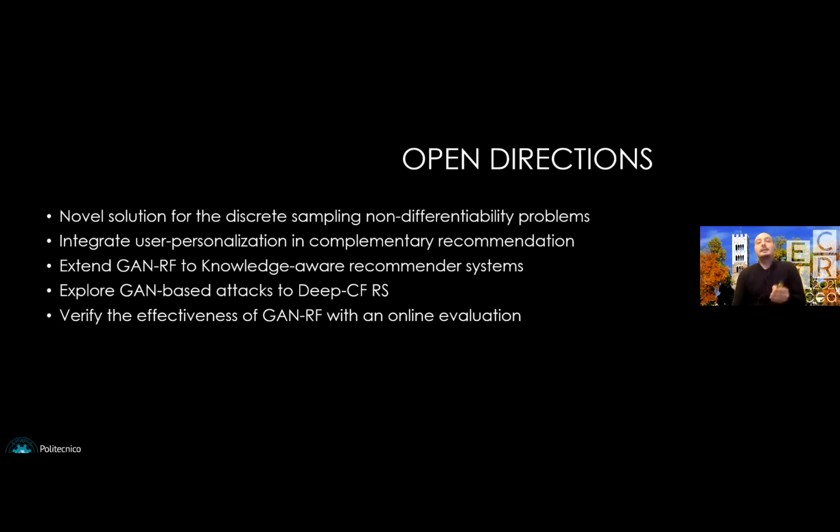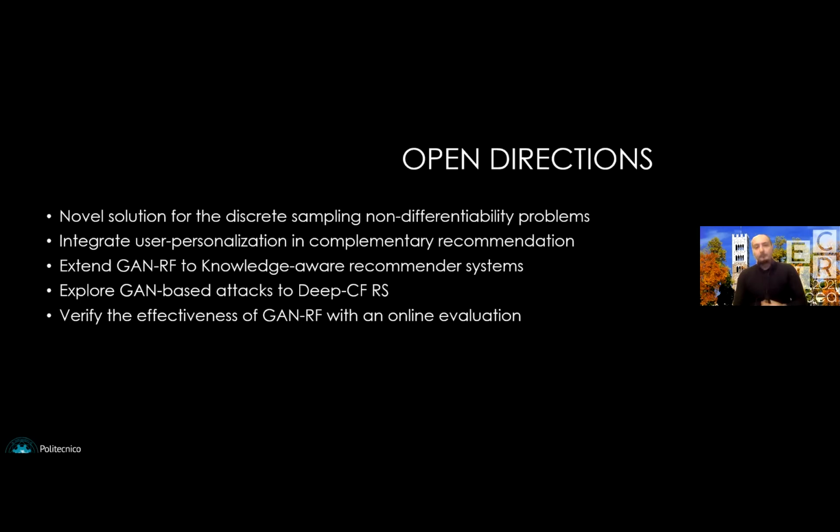But the fact is that in the majority of cases, we use GANs with items. Is it possible to use GANs also to produce some kind of user personalization? Moreover, we usually use GANs with some type of content or side information. Is it possible to use GANs even with more structured knowledge and with knowledge-aware recommender systems?